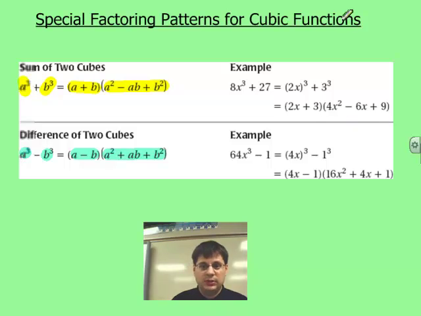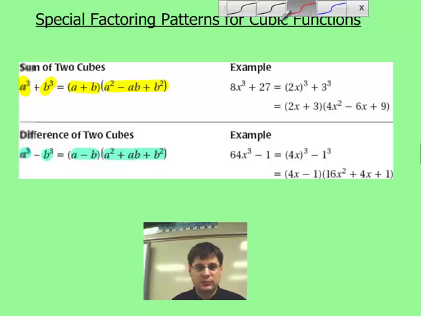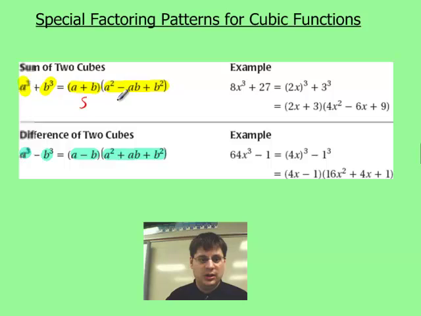Well, I'm going to give you a little mnemonic here to help you remember. Dealing with these can be a little bit dirty, but we can easily clean it up if we use a little SOAP. S-O-A-P. And this is an acronym where the first sign is the same.